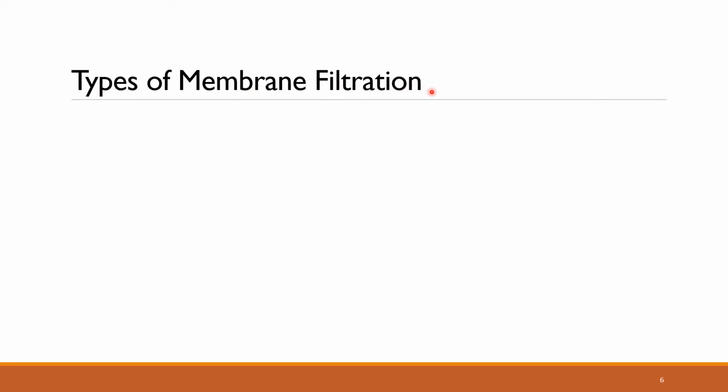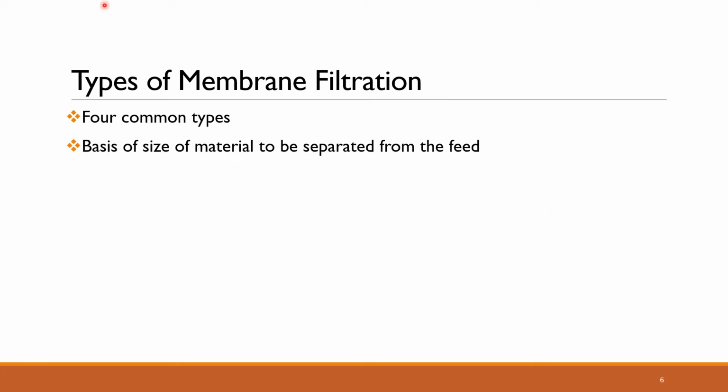Types of membrane filtration processes. There are four different types of membrane filtration processes based on the size of the particles that have to be separated from the feed. So in the order of increasing pore size, the names have been given. First is reverse osmosis. The membranes of reverse osmosis have the lowest pore size.